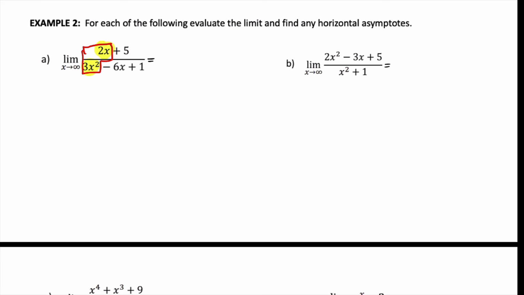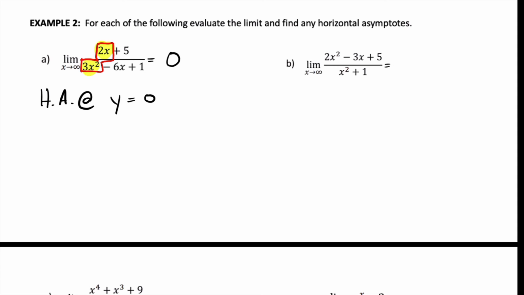Those are the degrees. Based on that, top heavy, bottom heavy, equally distributed? Bottom heavy, very bottom heavy. So the limit's going to be 0. Okay. Horizontal asymptote. Where would the horizontal asymptote be? At y equals 0. Good.